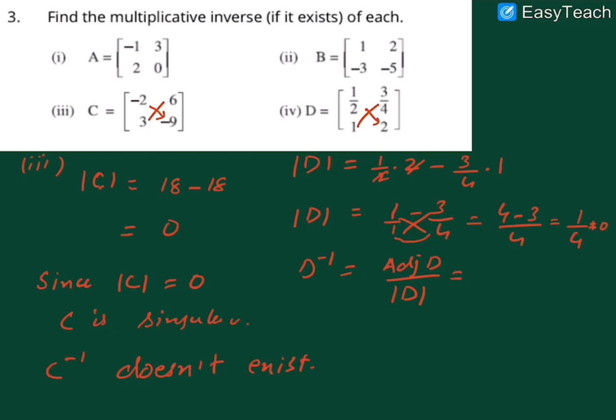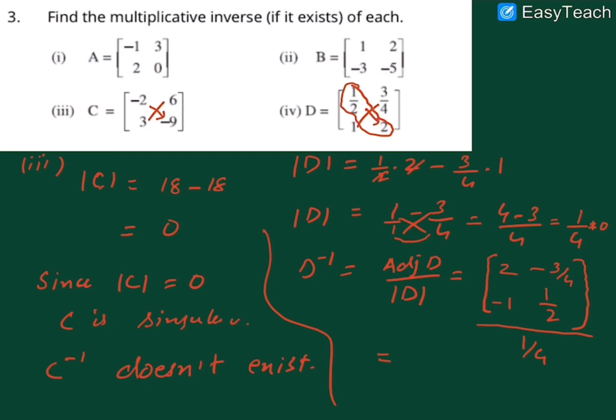Adjoint of D is interchanging the position of these two elements. So it will be 2 and 1 over 2, and the sign of other elements 3 over 4 and minus 1. So this is adjoint of D over D determinant. D determinant is 1 by 4. We can do here, this 4 will go up, and 2, minus 3 by 4, minus 1 and 1 over 2.